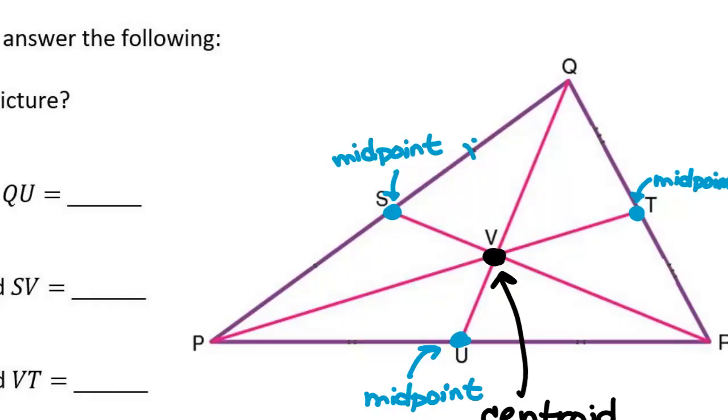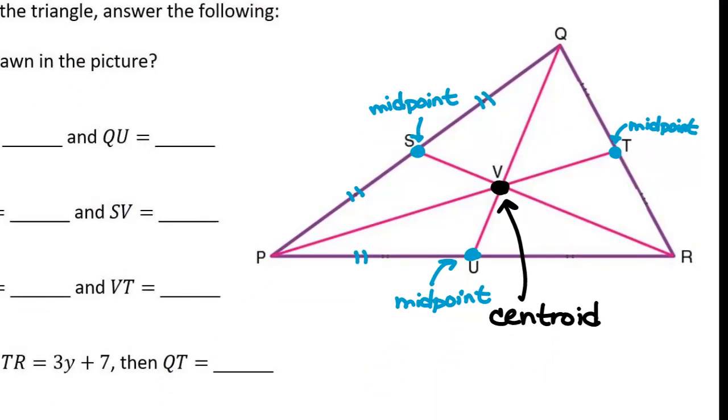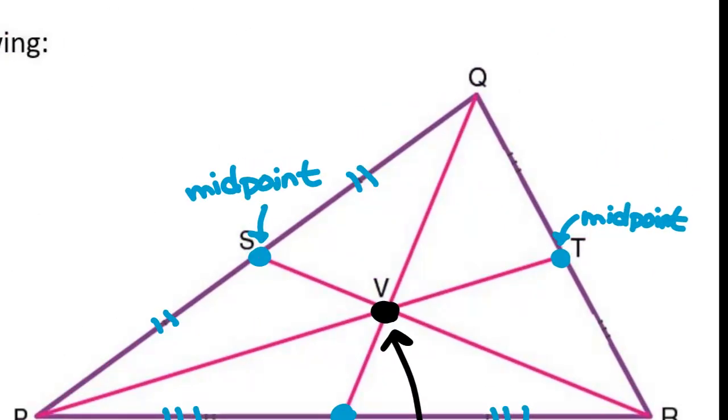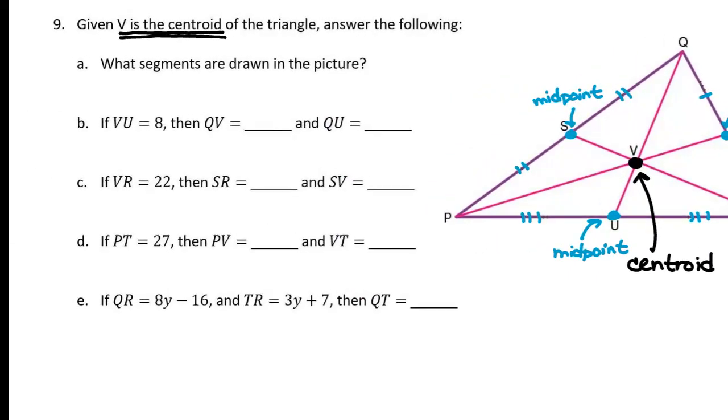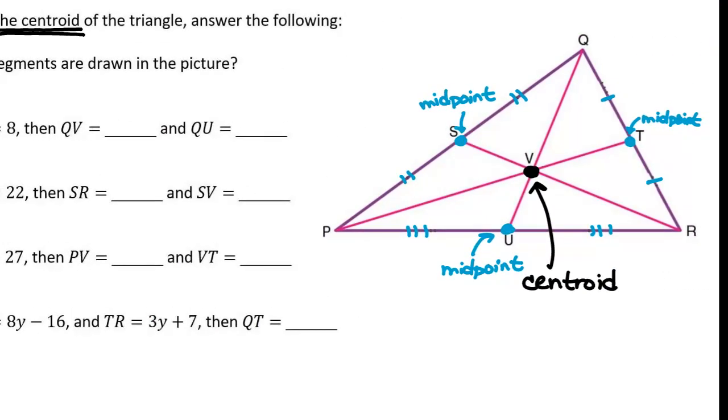That means that QS and PS are congruent. UP and UR are congruent. And QT is congruent to TR. What segments are drawn in the picture? I mentioned this on the previous problem.